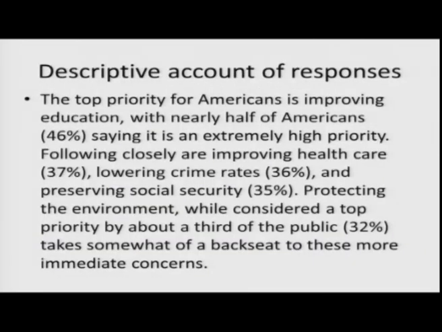Following closely are improving healthcare 37%, lowering crime rates 36% and preserving social security 35%. Protecting the environment, while considered a top priority by about a third of the public, 32%, takes somewhat of a backseat to these more immediate concerns.